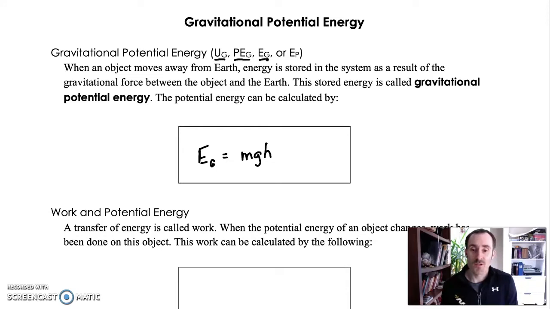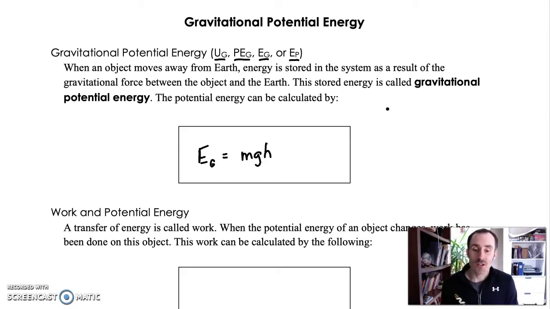This one is the one we're using because it's consistent with the other notation that we're going to use in this unit. E for energy, and then we're differentiating the different types using a subscript. And then this last one over here would be general potential energy. But since we're talking about gravitational potential energy, I like E sub G better.